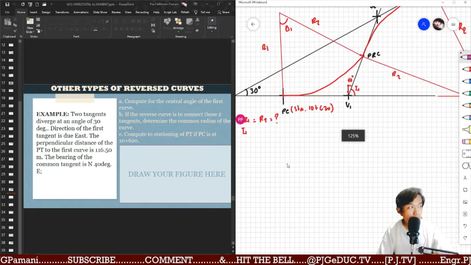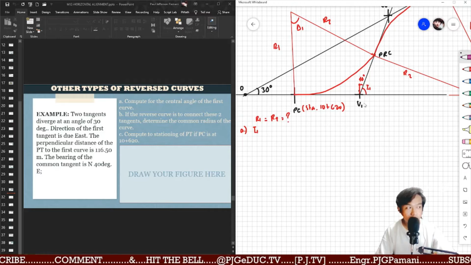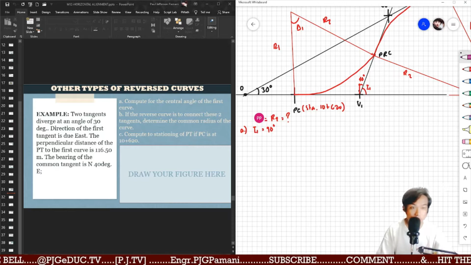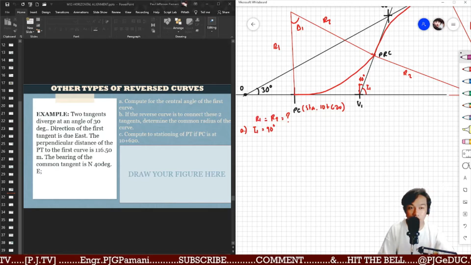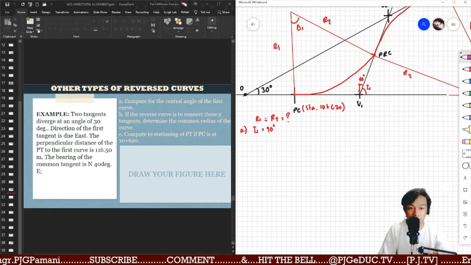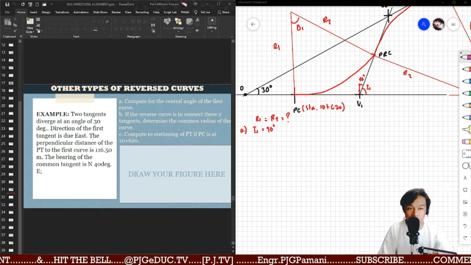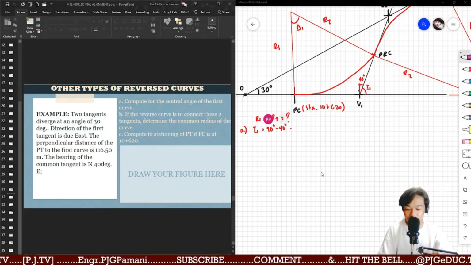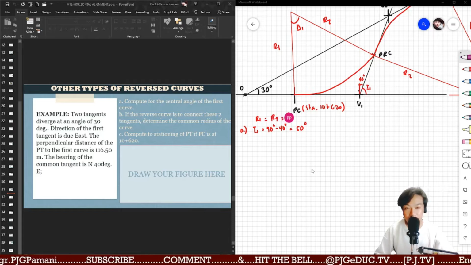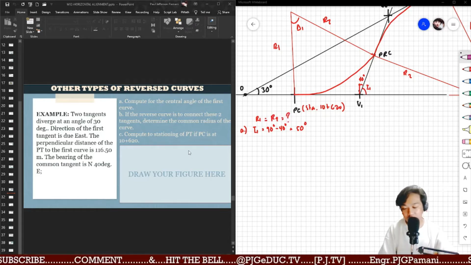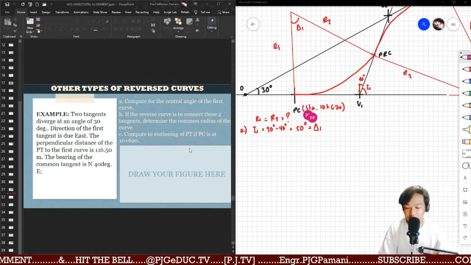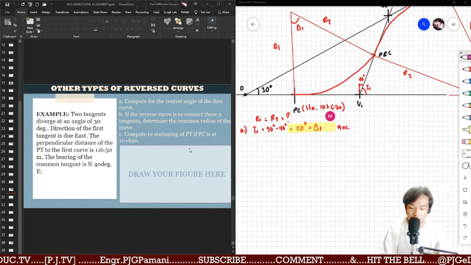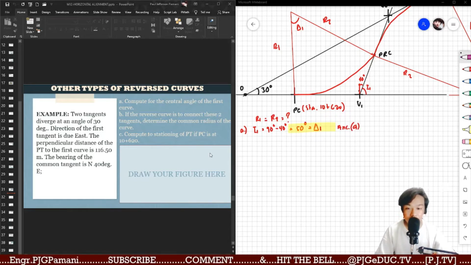From the given bearing of north 40 degrees east, that is, on this quarter, 90 degrees minus 40 degrees, which leaves us to our answer for letter A, the central angle of the first curve, which is 50 degrees.